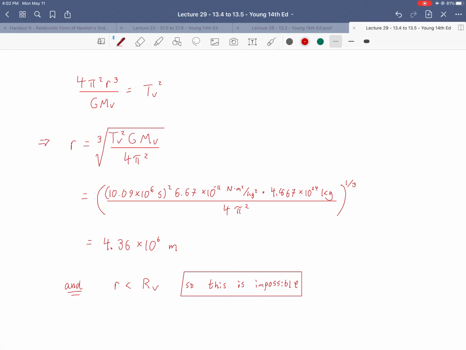I think the issue isn't so much that it's going to be less than the radius of Venus. It's that it's going to be so large, because the orbital radius of a geosynchronous satellite for any world goes up proportional to T to the 2/3 power. So as T gets bigger, r should also get bigger, so it definitely shouldn't be smaller than the radius.